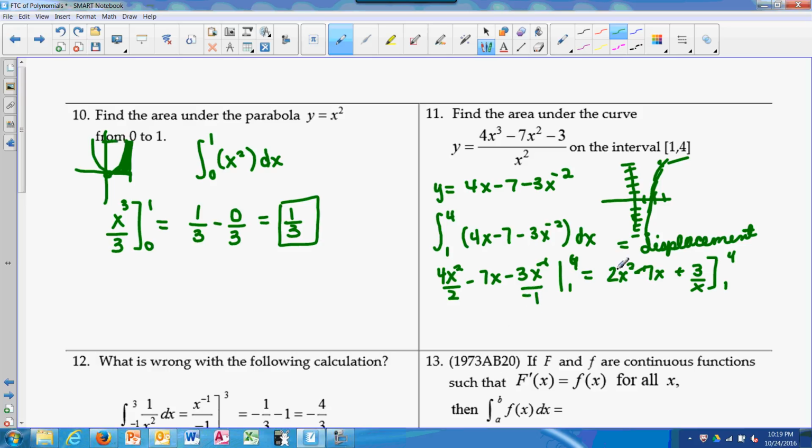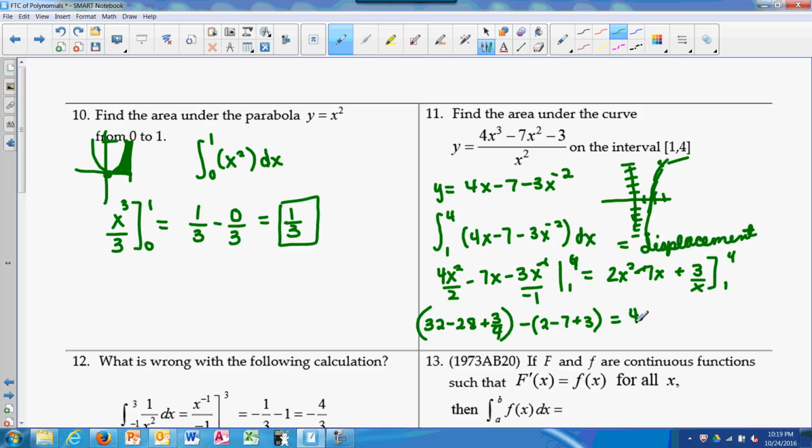So substituting the 4 in, we get 16 times 2. So we have 32 minus 28 plus 3/4 for the top, minus, for the bottom we have 2 minus 7 plus 3. So that would be my FRQ answer.